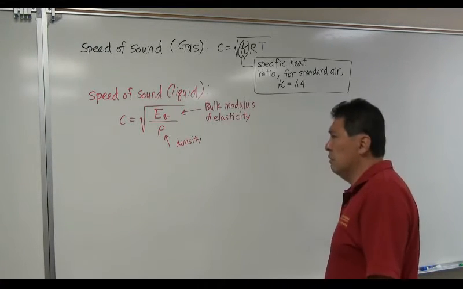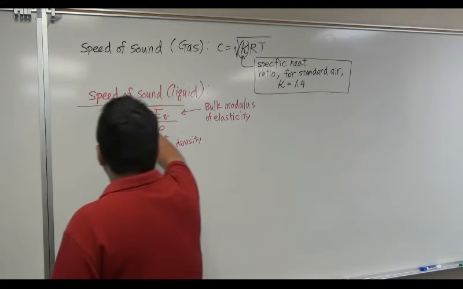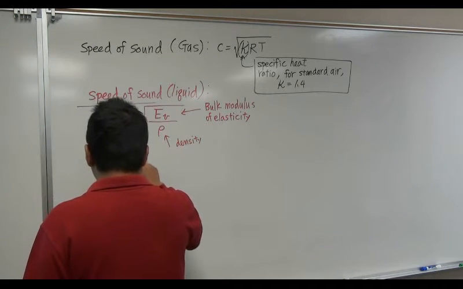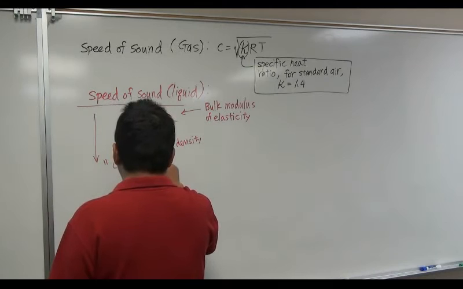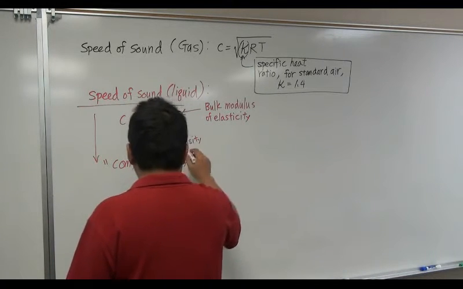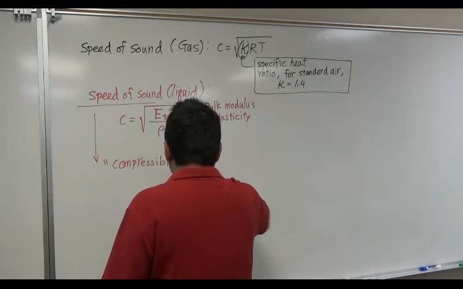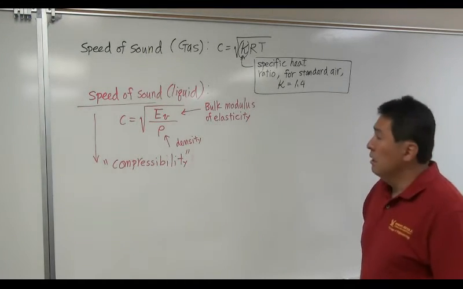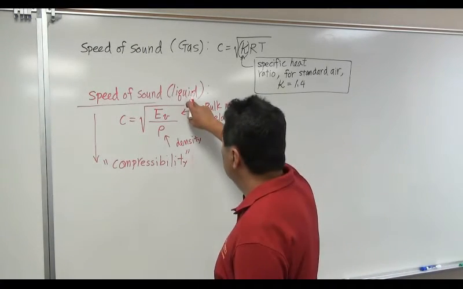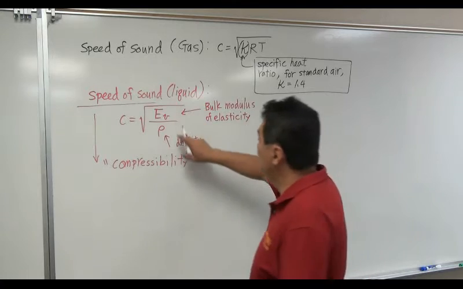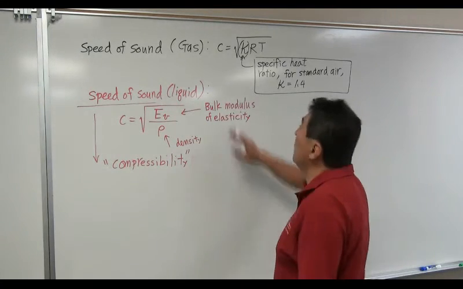So speed of sound really is a measurement of compressibility. Speed of sound tends to be really high if you're talking about liquid, which is very tough to compress, so it doesn't change the density as easily.